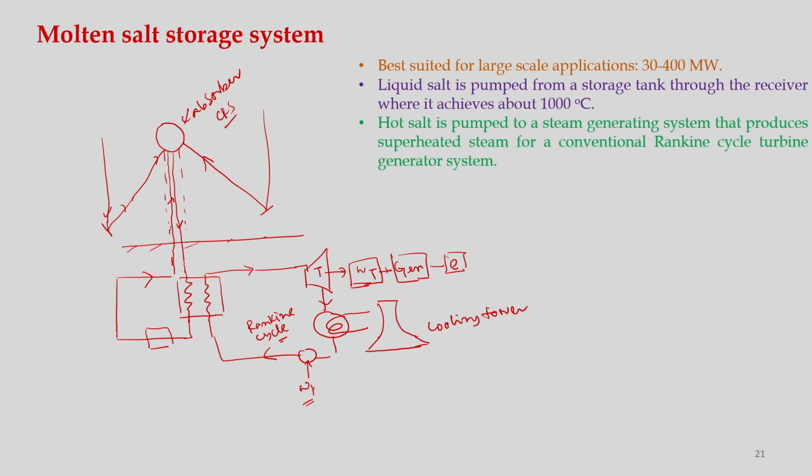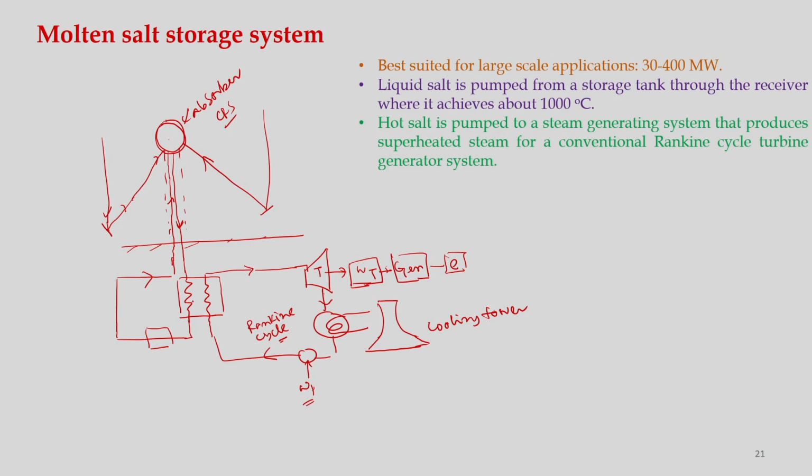If we use molten salt, we need to use some kind of pump to pump this cold molten salt, and it will go to the top of this receiver, and it will be heated up to a very high temperature, and then that has to be collected. Then it will go through this heat exchanger, where heat will be exchanged to the water, which is the heat transfer fluid in this circuit.